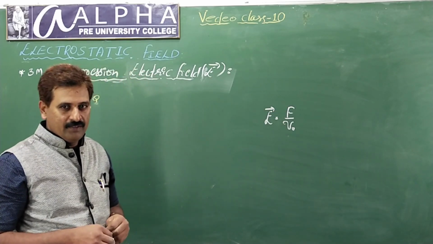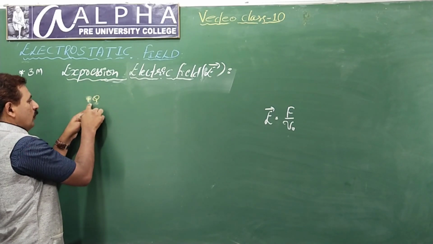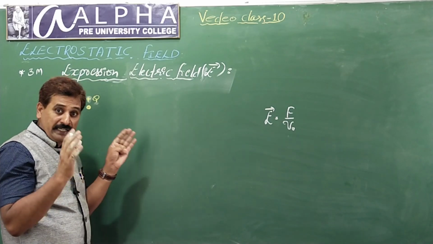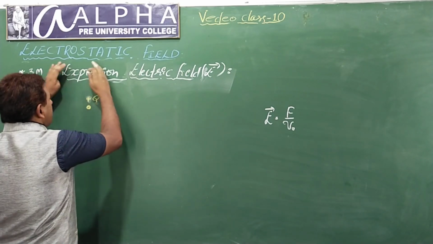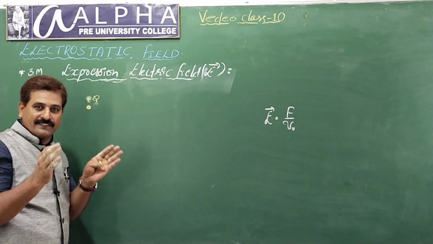That's it. Now let us suppose there is a positive charge having value big Q. As I explained in my previous video in detail, this region contains what we call electric field, an influence. How do you sense that influence?